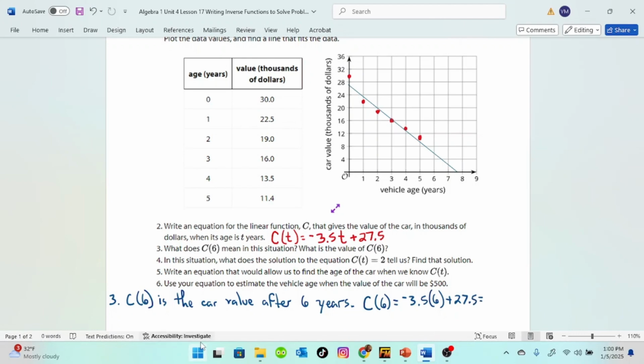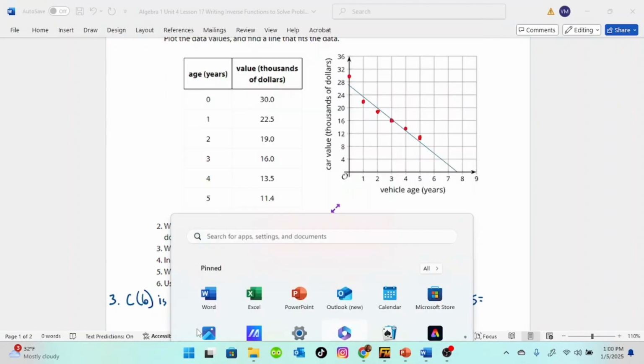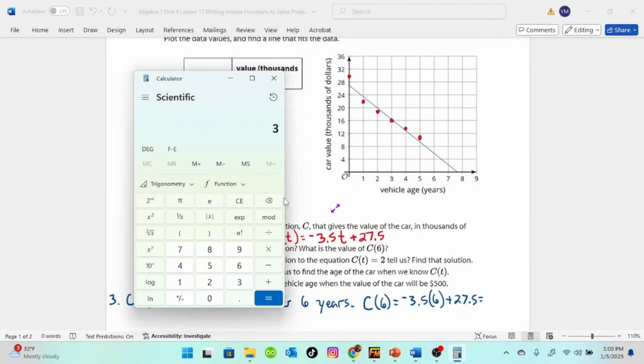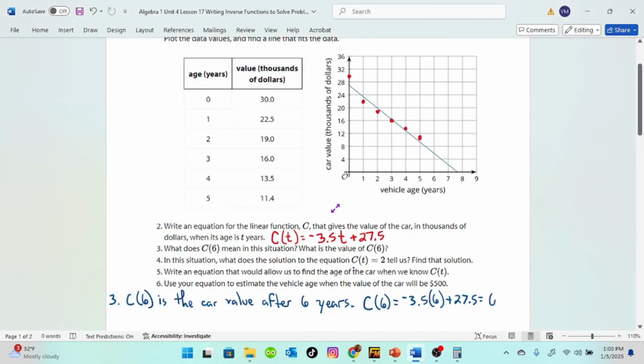And when we put that into a calculator, negative 3.5 times 6 equals negative 21 plus 27.5 equals 6.5. And since that represents thousands of dollars, c of 6 equals $6,500.